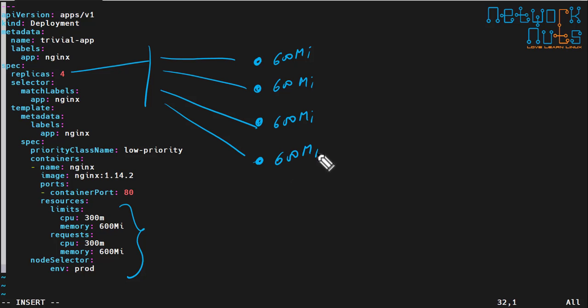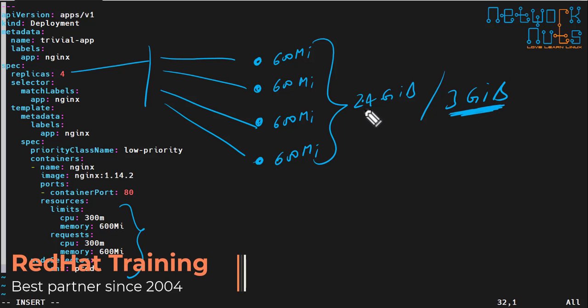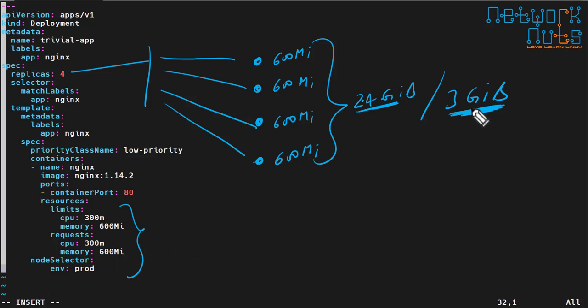Total it is going to consume is 2.4 GB RAM. 4, 6 are 24, right? And my machine has got 3 GB RAM. That means after running these 4 pods, I don't have any resource.